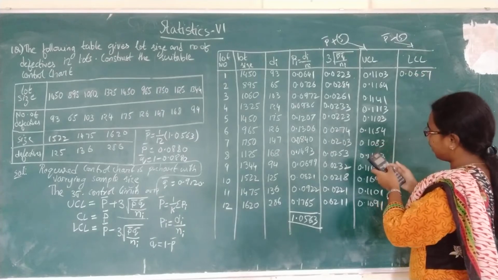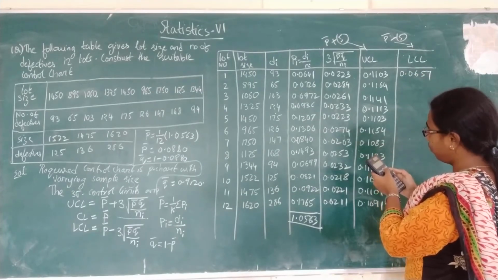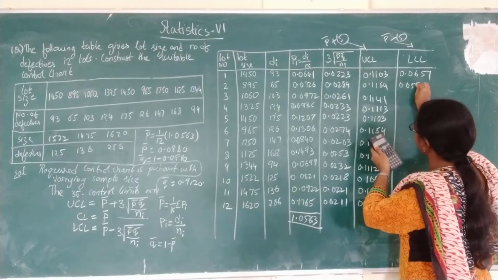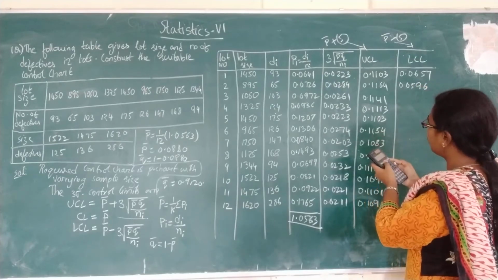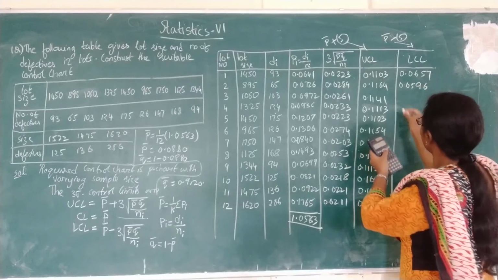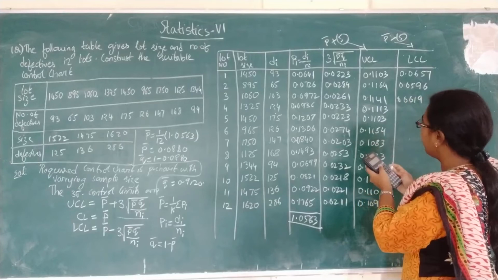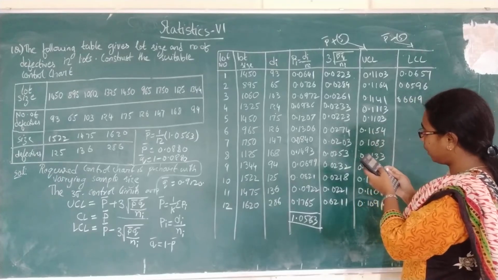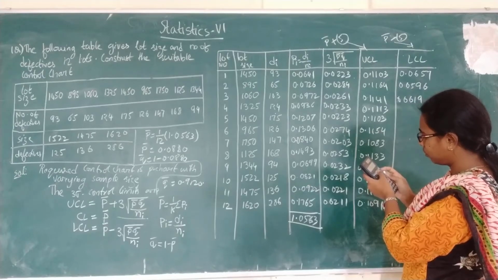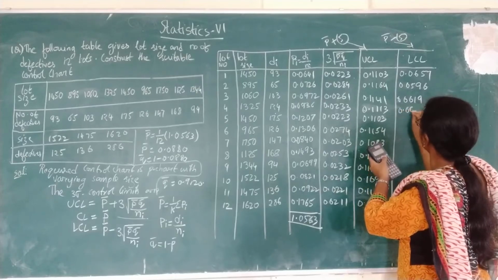First LCL is 0.0657. Next, 0.0284, giving 0.0596. Next, 0.0261, giving 0.0619. Next is 0.0233, you get 0.0647.